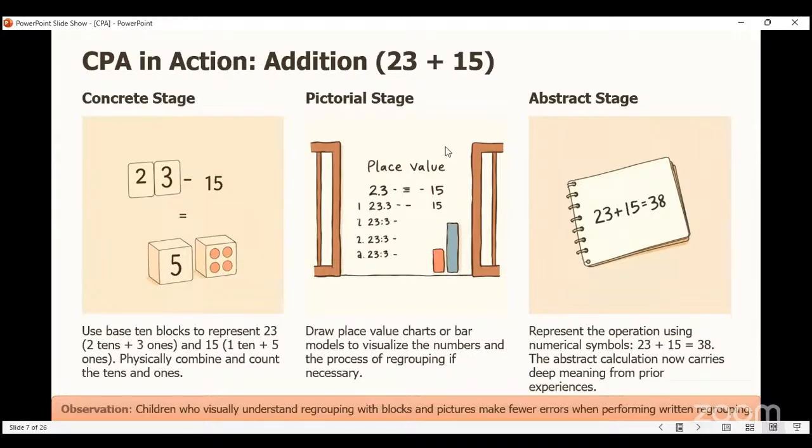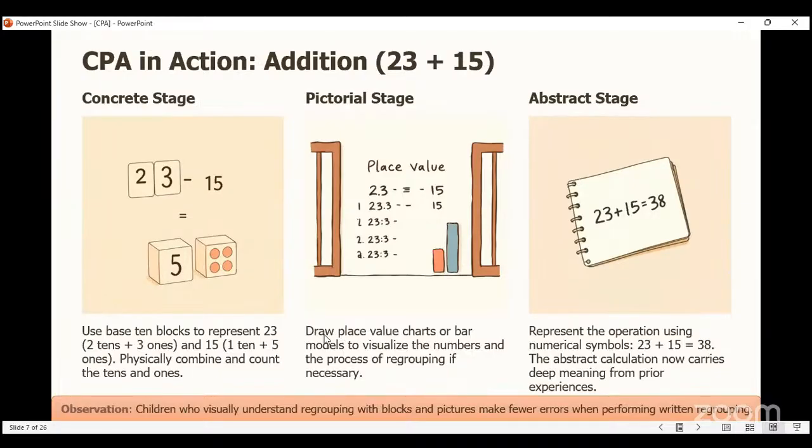At the pictorial stage, we see the use of place value. And at the abstract stage, we see the use of a written algorithm. At the concrete stage, you use base 10 blocks to represent 23, 2 tens plus 3, and then 1 ten and 5 ones. Physically, you combine and count these tens and ones together.